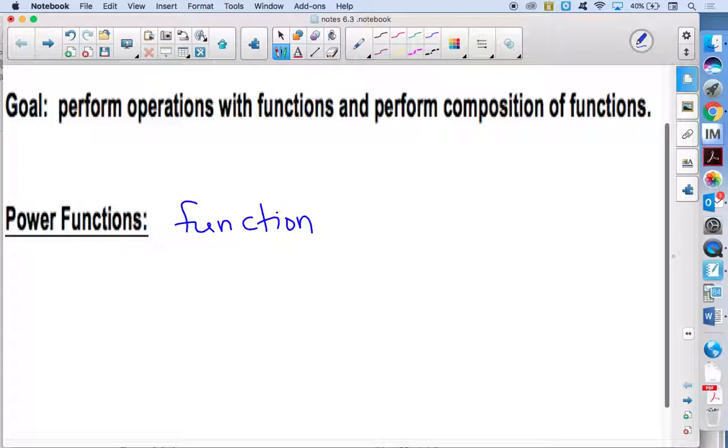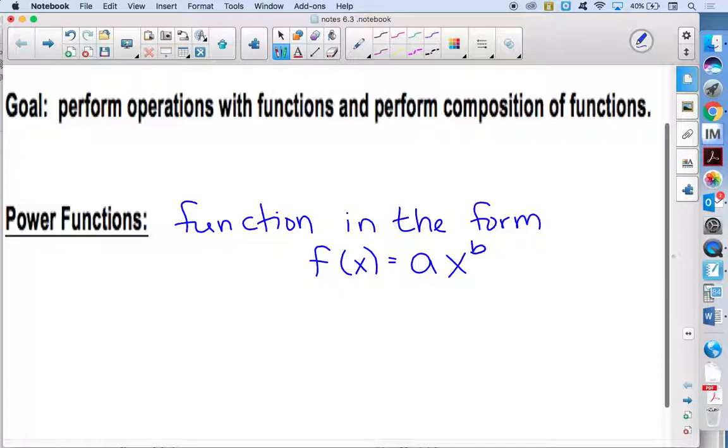So a power function is a function in the form f of x, that makes it a function, remember back to that function notation, equals a times x to some kind of power or exponent. So the a part is going to be any real number.